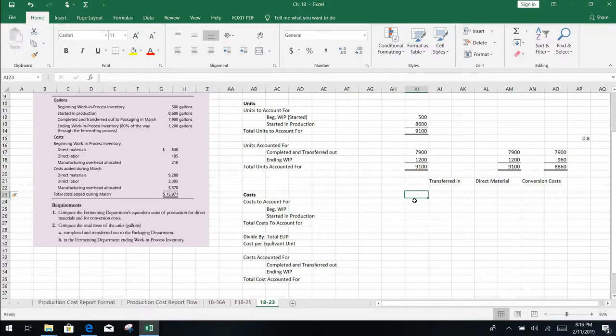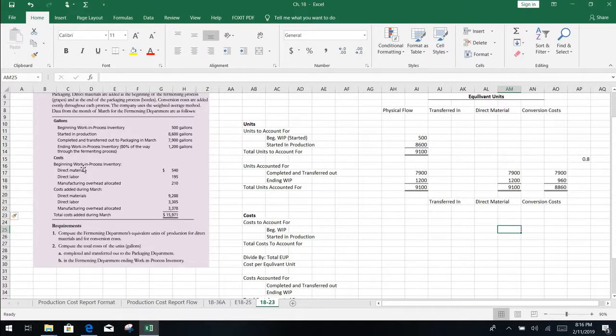Let's assign some costs because that's what we really want to know. So, beginning work in process, transferred in values are all 0. What direct materials are cost, beginning work in process, direct materials, $540. So let's put that in.